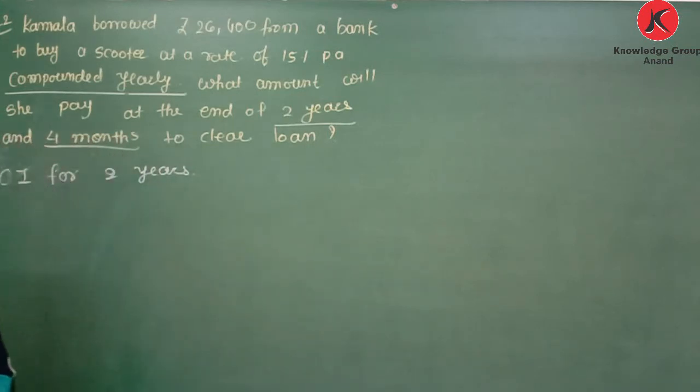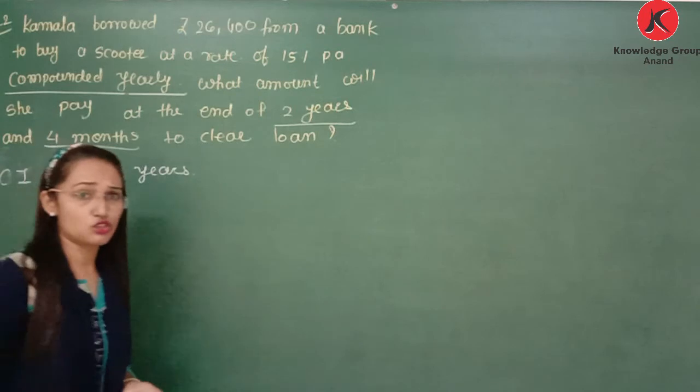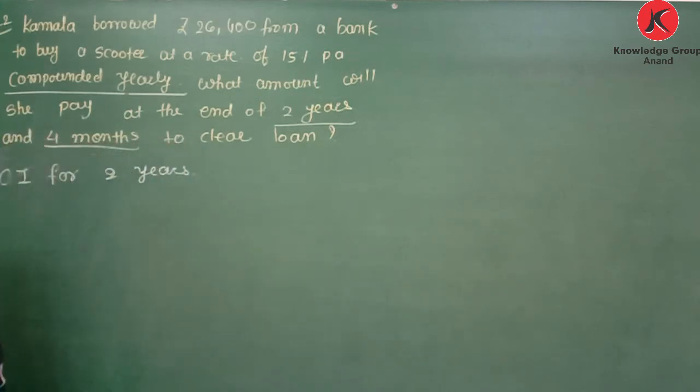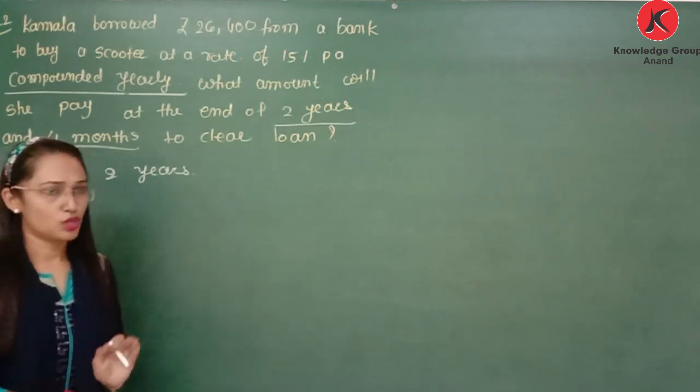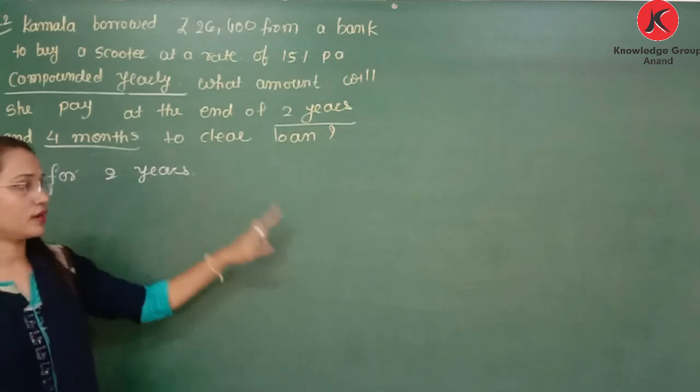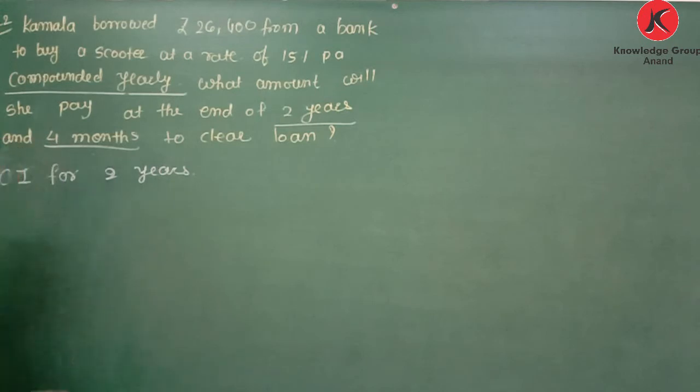In the starting of this topic, we learned that compound interest is the same as simple interest, but our principal value will be the amount of the previous year. So here we will find the amount of 2 years and use that amount as the principal for the next year. Clear?